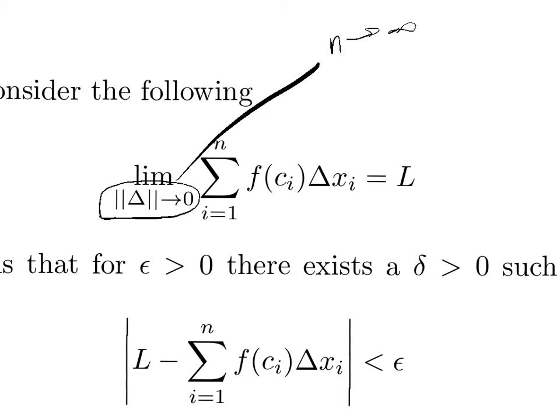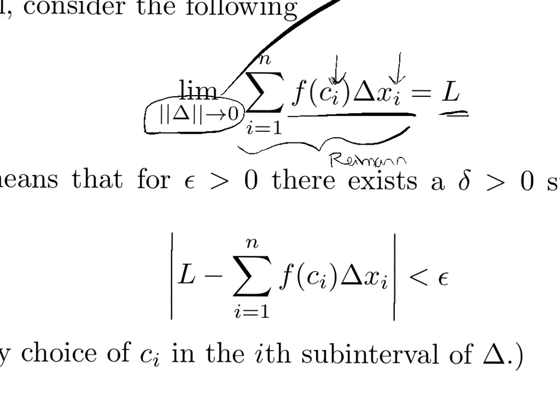So now we have the limit as the norm approaches 0 of the sum from i equals 1 to n of f of ci times delta xi equals some number L. Who can remind me what kind of sum this is? There's a ci and a delta xi. That makes it a Riemann sum. It's not necessarily regular.